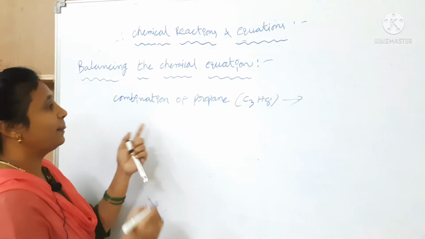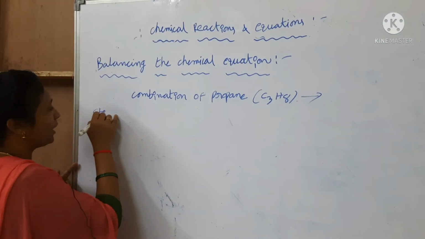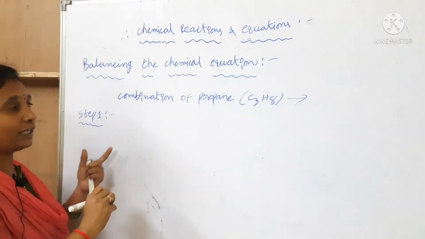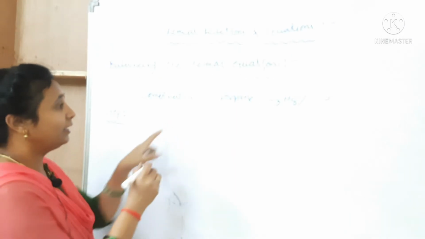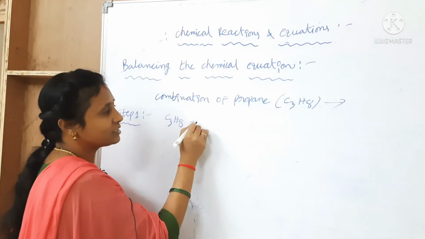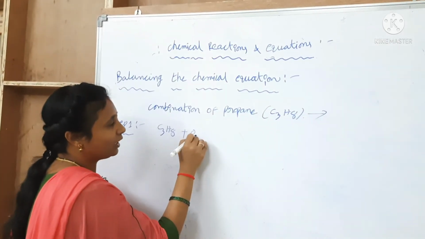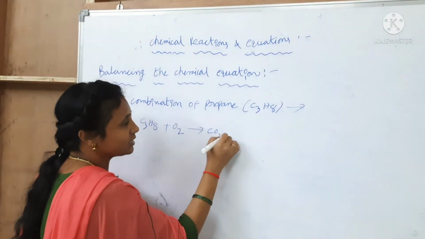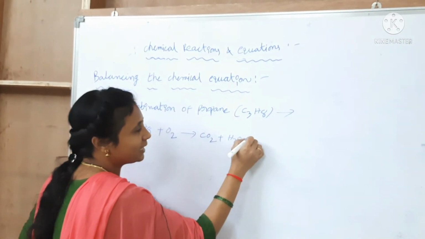In step 1, you have to write the smallest formula for the chemical reaction. Here the C3H8 has the burning nature, which means it always interacts with O2, and it will give carbon dioxide plus water plus heat.